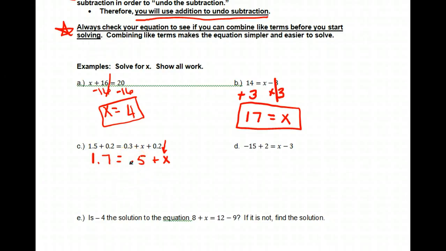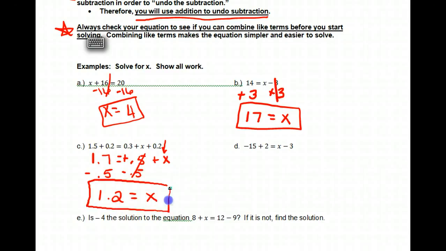So what you need to do is look at the sign of that constant, and it is a positive 0.5. Since it's a positive 0.5, we will subtract to get rid of it. So we will subtract 0.5 from both sides, which is going to leave us with 1.2 equals x.